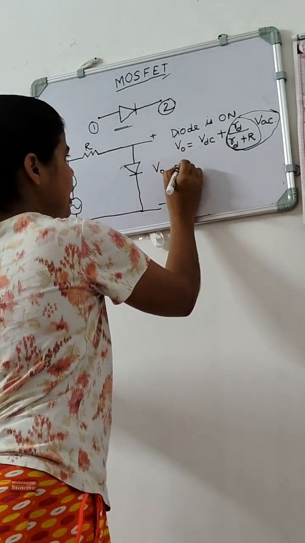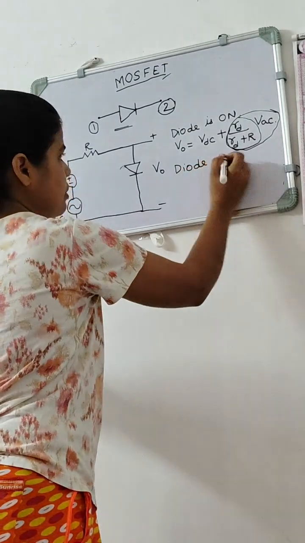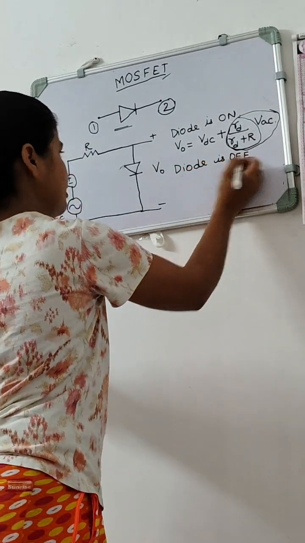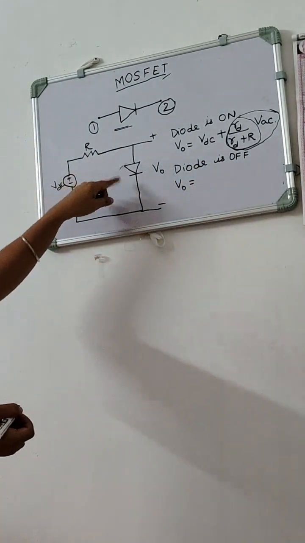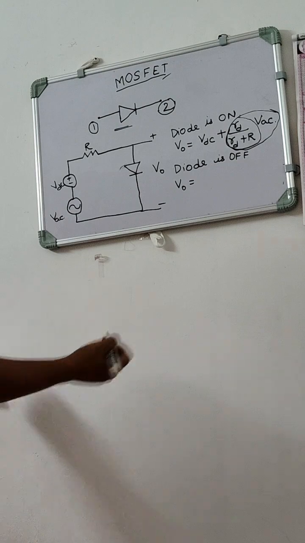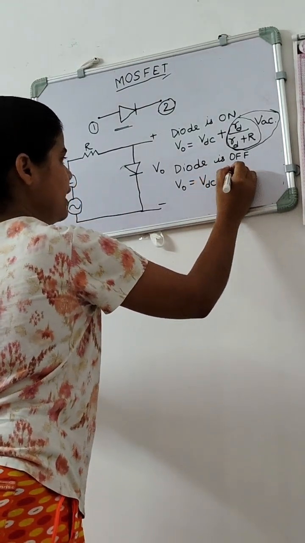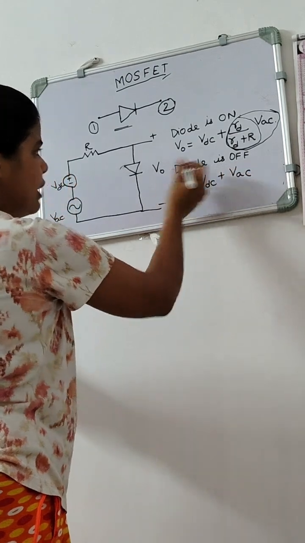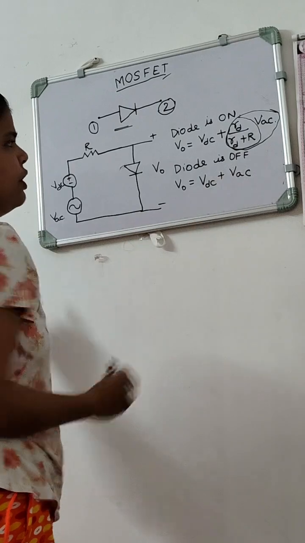And if we consider diode off, then we will replace it with an open circuit. So V0 equals VDC plus VAC. So if diode is off, we can see that our output voltage is equal to our input voltage.